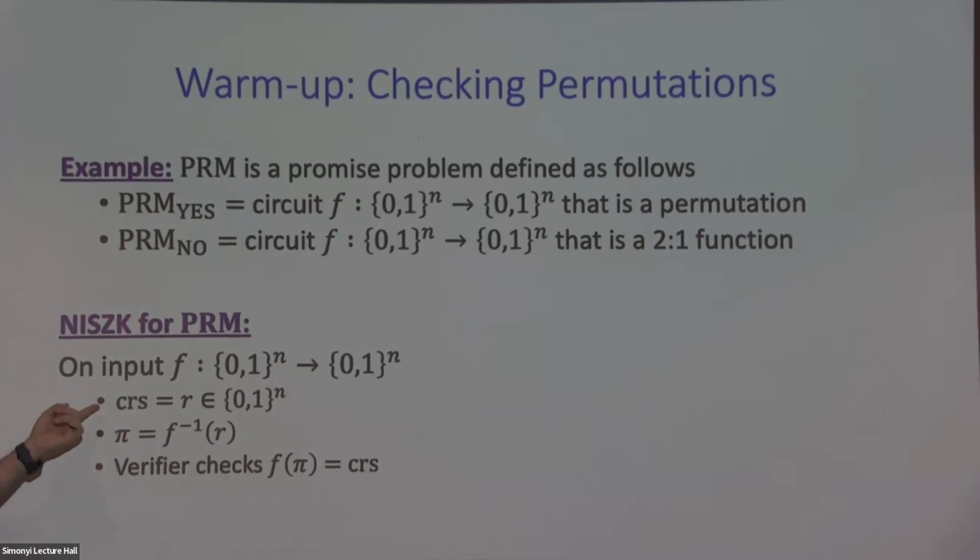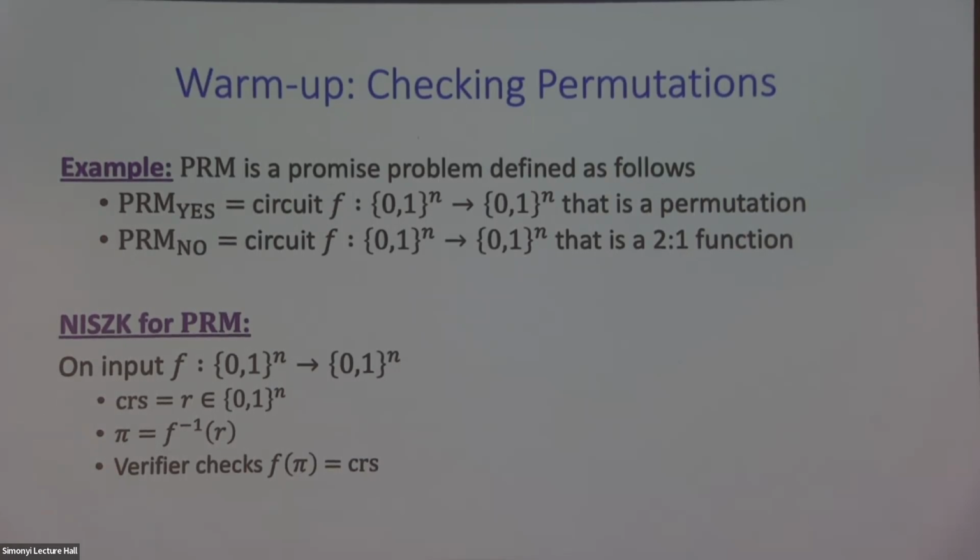It learned the inverse of a random element. But guess what? It could have generated one itself. It would first generate the inverse and then compute the function. It has a description of the circuit, so it can start by sampling pi, and based on pi, generate the CRS. All right. Okay, so a single instance has a simple proof.